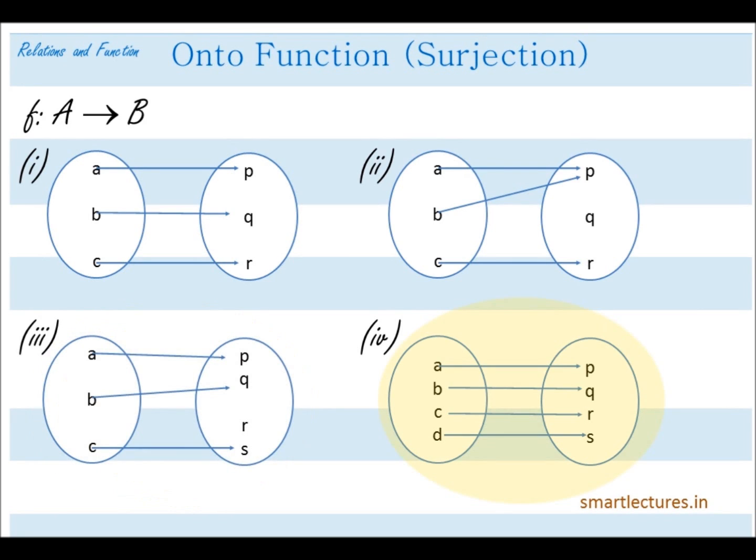In the last case, you can see all elements of set B have some pre-image in set A. So this is an onto function. So in this diagram, function 1 and function 4 are onto functions.